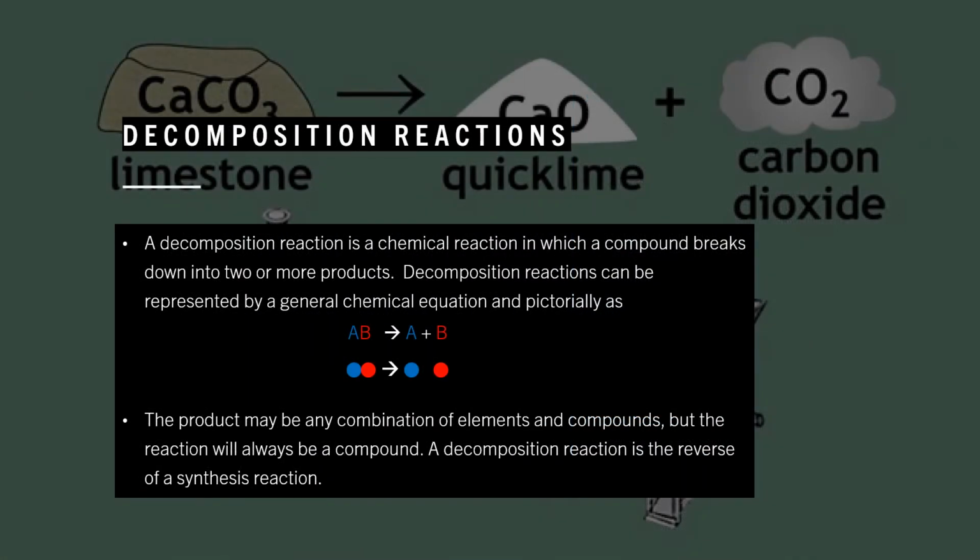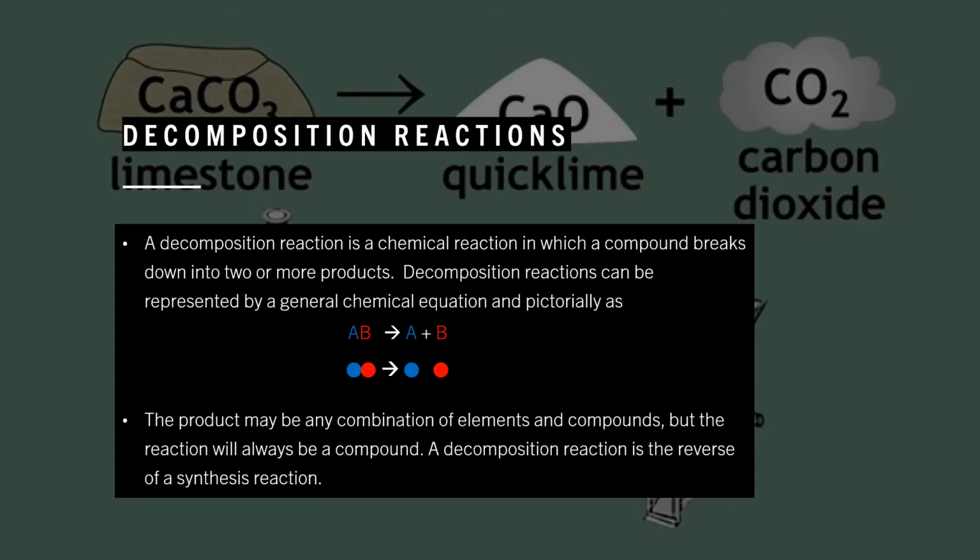All right, continuing on. Welcome back. Decomposition reactions. A decomposition reaction is a chemical reaction in which a compound breaks down into two or more products. Decomposition reactions can be represented by a general chemical equation.